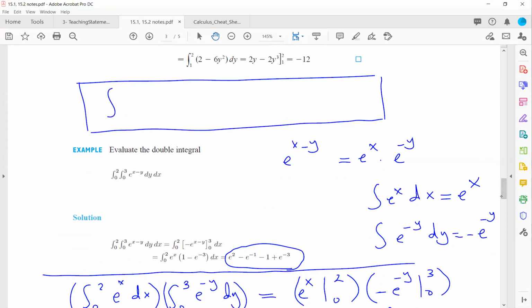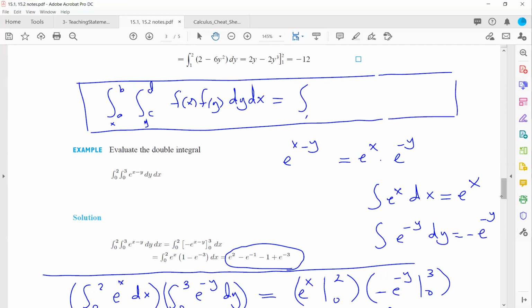The integral from a to b in x, c to d in y, of f of x times f of y dy dx is equal to the integral with respect to x, a to b, f of x dx times the integral c to d, f of y dy.